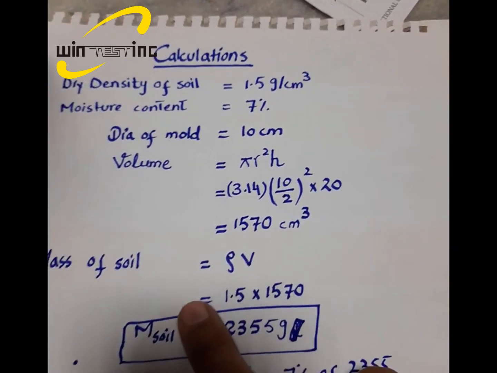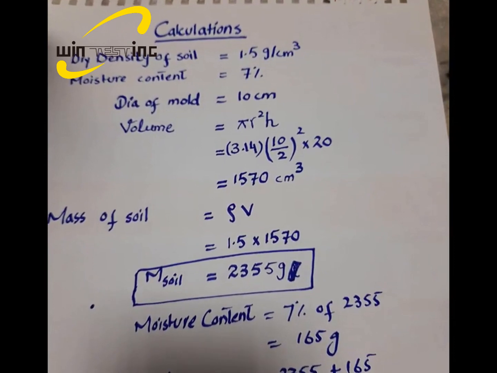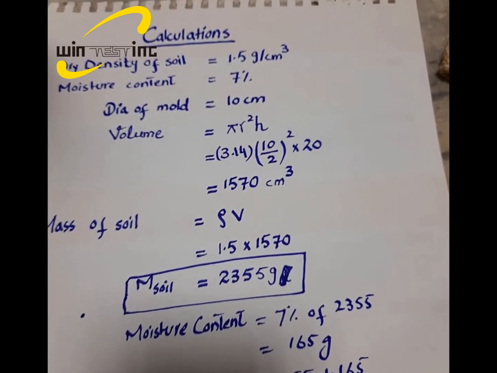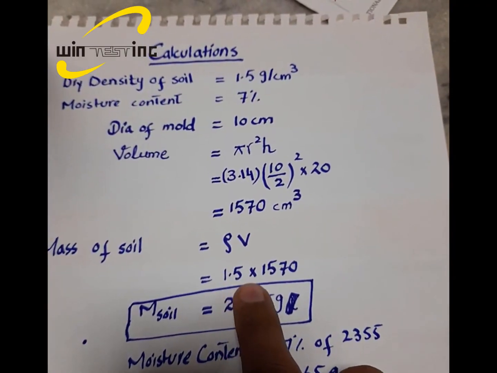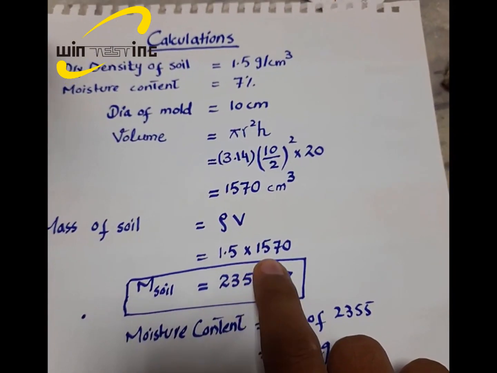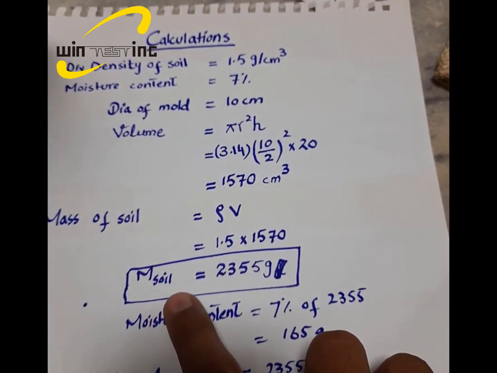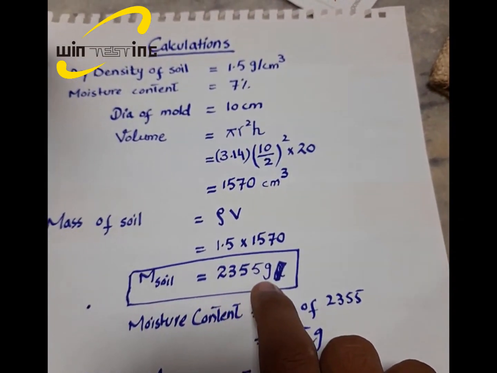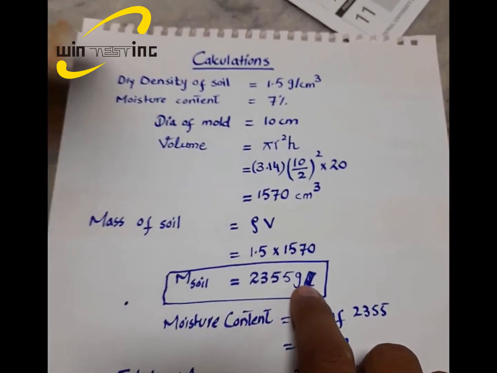As we know, the formula to find out the mass of soil is density into volume. So we have the dry density, that is 1.5 gram per centimeter cube. We'll multiply it by the volume, that is 1570 cubic centimeter, and the mass of soil comes out to be 2355 gram. Now we'll take 2355 gram of soil sample.